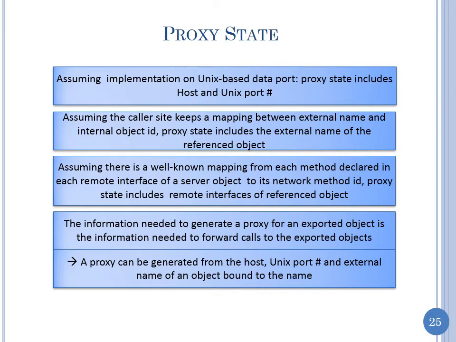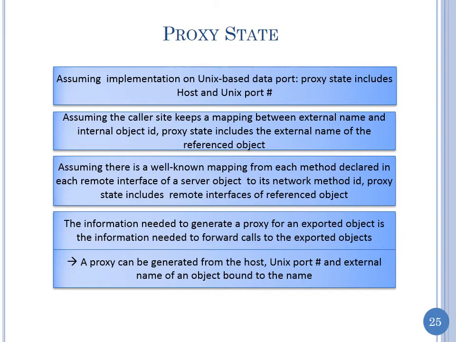I said in GIPC I cheat by not requiring the remote exception to be checked, and I also cheat by not having a name server. So you don't need to have a name server to get proxies to remote objects.